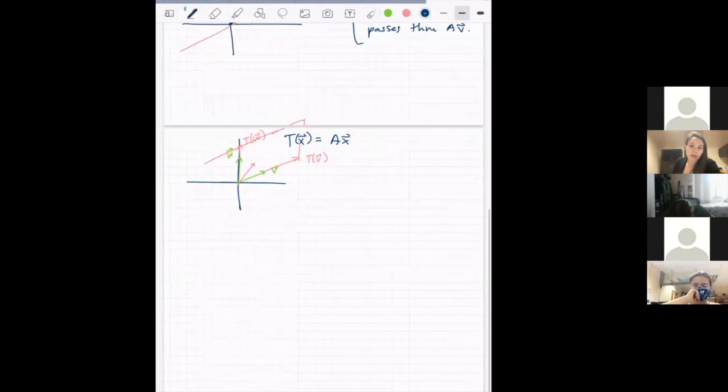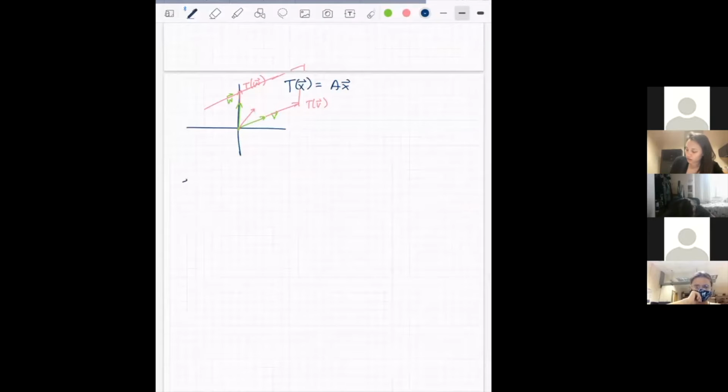Okay, so if we're given an eigenvalue of a matrix, then we can figure out what the corresponding eigenvector will be. Say we're given that 2 is an eigenvalue of the 2 by 2 matrix 1, 3, 2, minus 4.